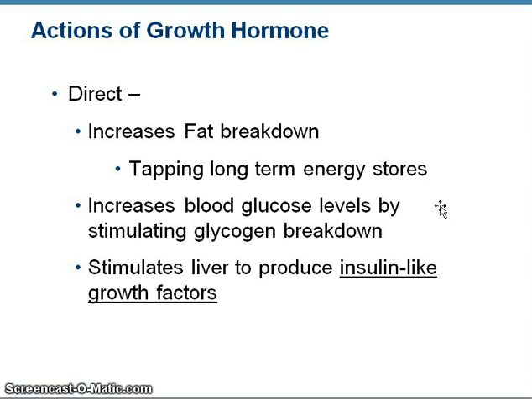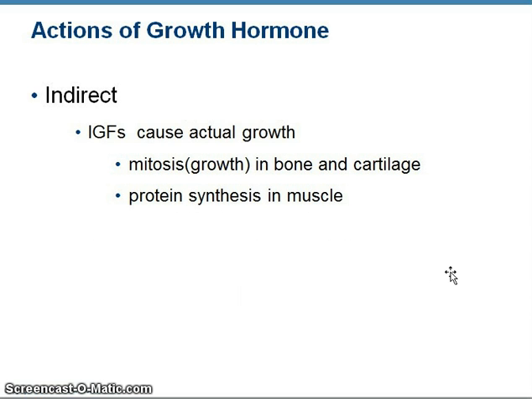And then the last direct effect that growth hormone has is to cause the liver to produce insulin-like growth factors. The indirect effects are going to be the effects of the insulin-like growth factors. So when the insulin-like growth factors are released from the liver, they're going to circulate throughout the body.